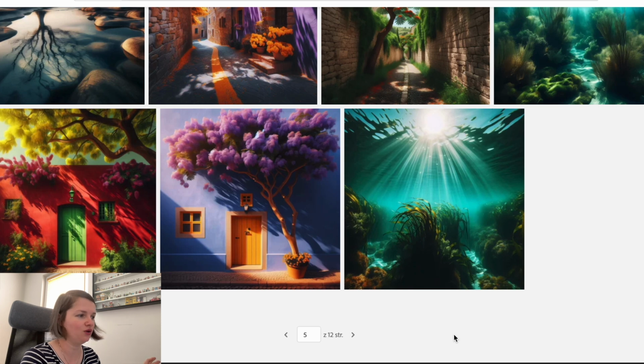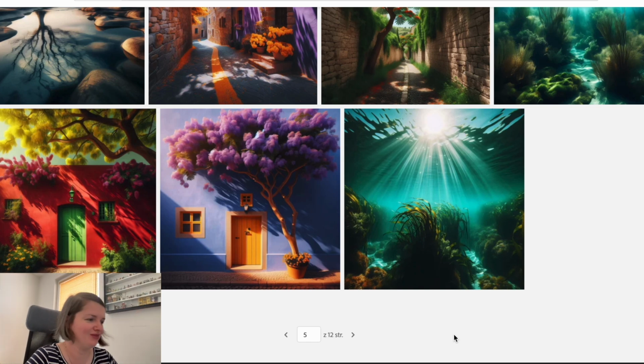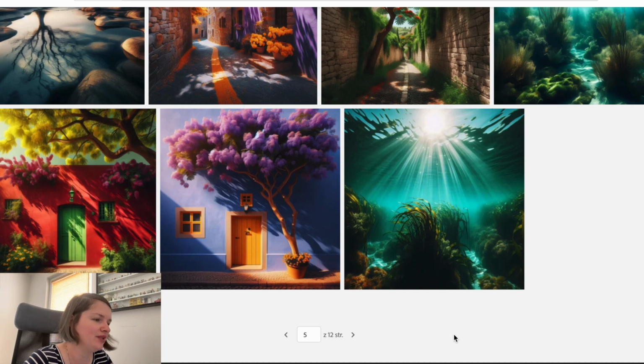And then you can also make a couple of banners, like a horizontal image. Yes, hello. So you can also do some banners.